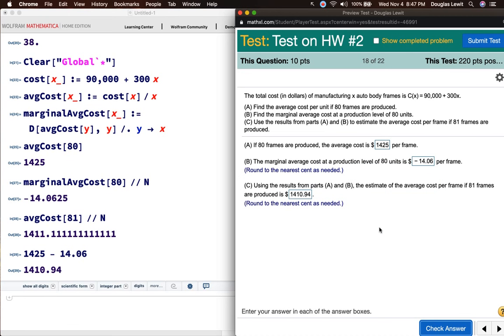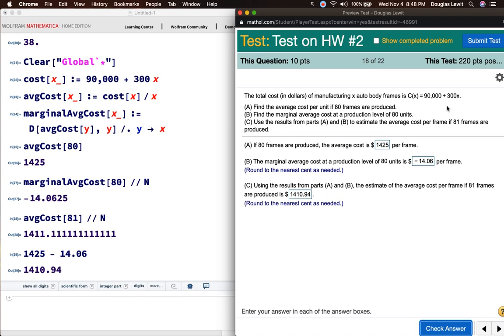Okay, so let's go over quickly what I did. They give you the cost function. Cost of x is equal to 90,000 plus 300x. The average cost is the cost function divided by x. The marginal average cost function is the derivative of the average cost function.